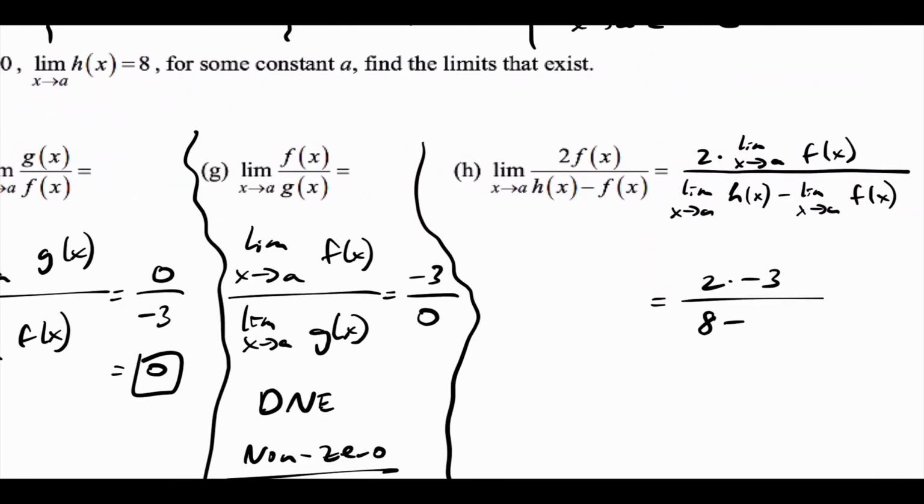So minus -3. So we're really adding them. So the top I get -6, the bottom I get 11. Can't reduce it, can't divide it. You're done.